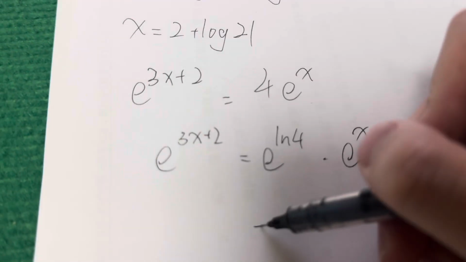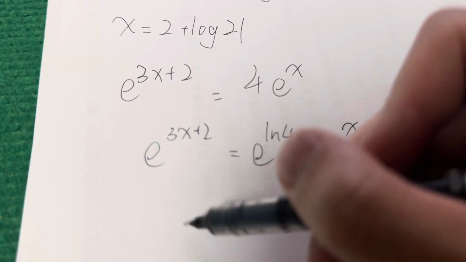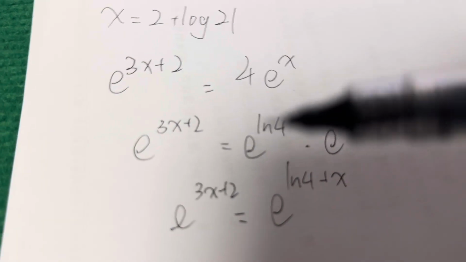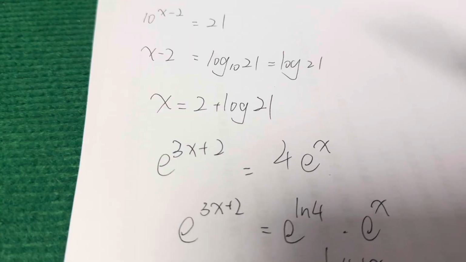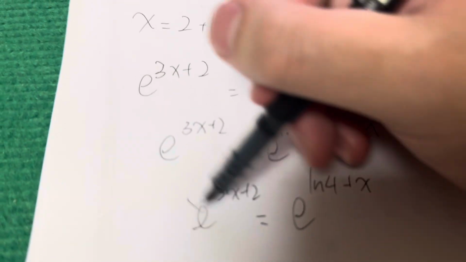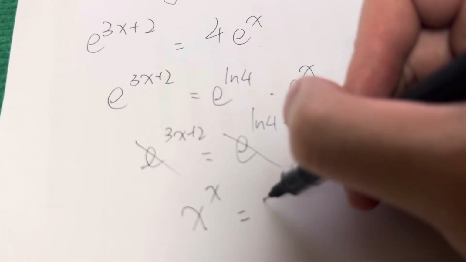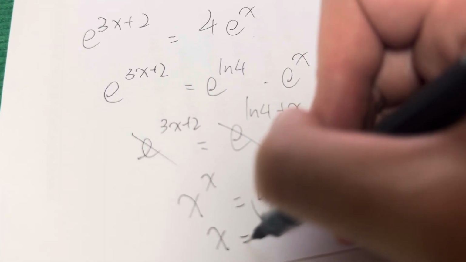Therefore, e to the power of ln 4 plus x is equal to e to the power of 3x plus 2. The base is the same as what I explained yesterday. We can cancel it out directly, because it's not something like x to the power of x equal to y to the power of y, where we cannot cancel out to get x equal to y.